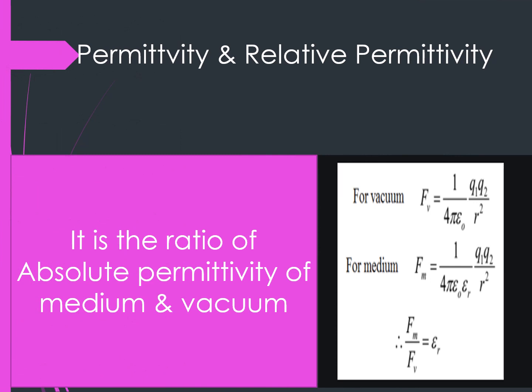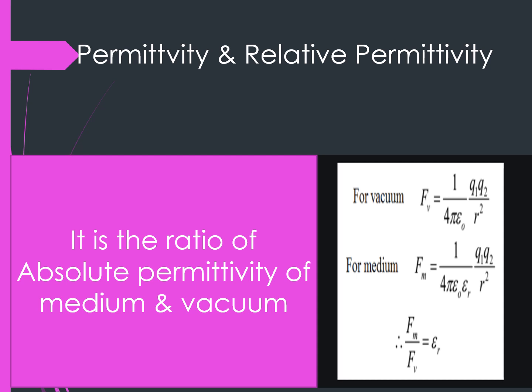Permittivity describes how an electric field affects and is affected by a dielectric material or medium. It relates to the ability of a material to transmit an electric field.